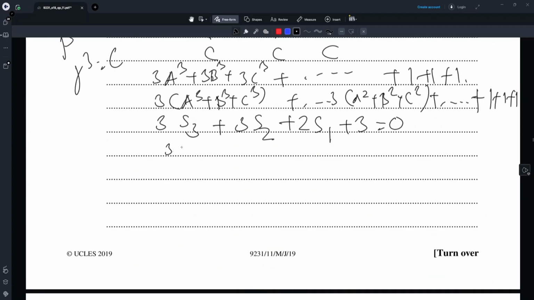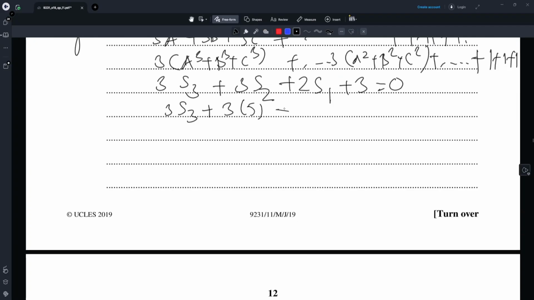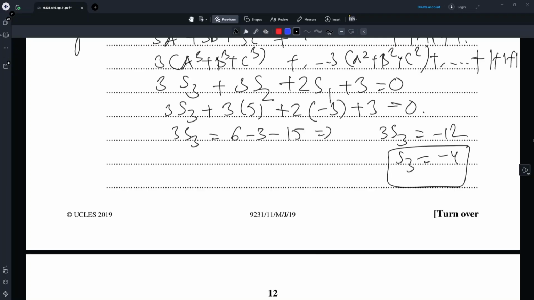So 3 S3 plus 3 times S2, which is 5, plus 2 times minus 3, plus 3 equals 0. 3 S3 equals 6 minus 3 minus 15. So we have 3 S3 equals minus 12. S3 equals minus 4.